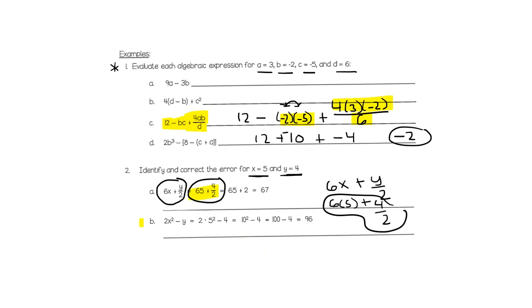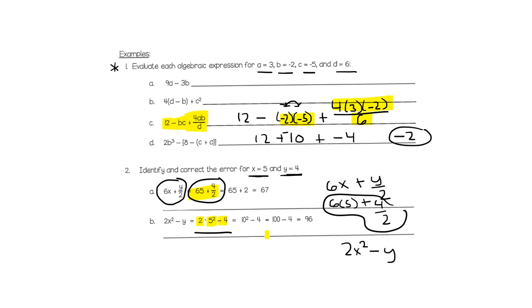If we look at the next one, it says 2 times x squared subtract y. So let's check here and see if that's been done correctly. We know that our x is 5, so that looks okay to me. 2 times 5 squared, and then subtract 4.